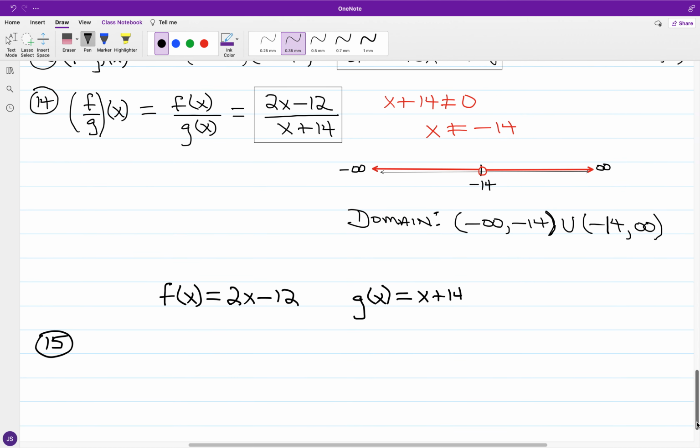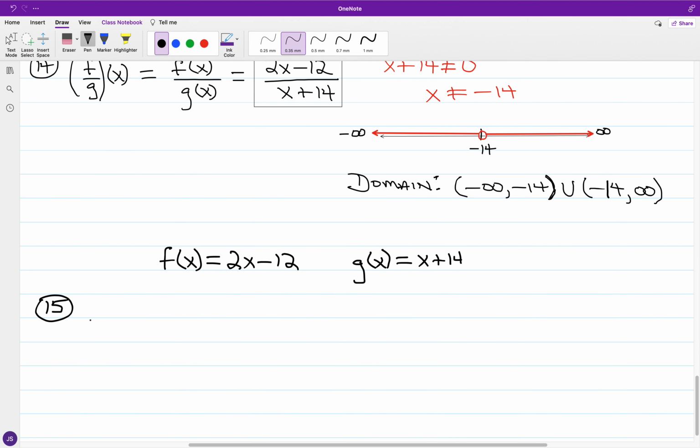And we have for the compositions, f composed with g of x. So we have f of g of x. And specify the input. So g of x is the input function, which is going to be x plus 14.